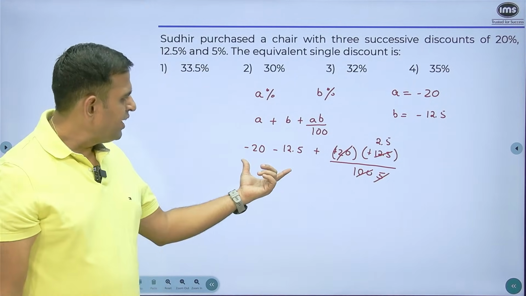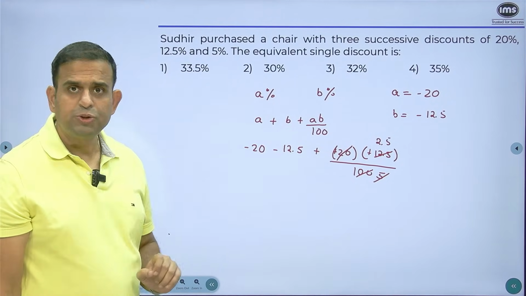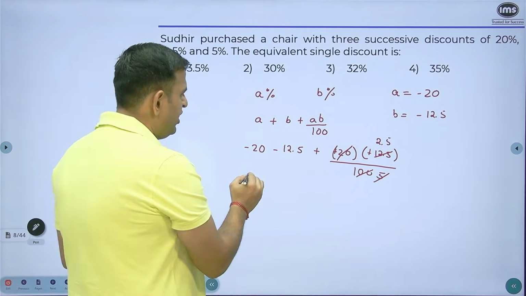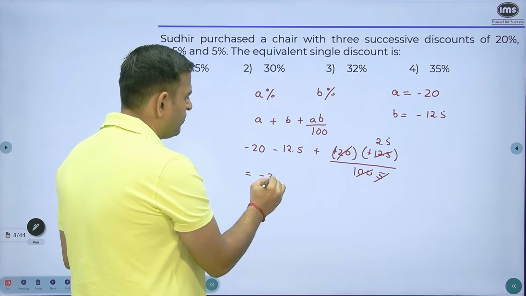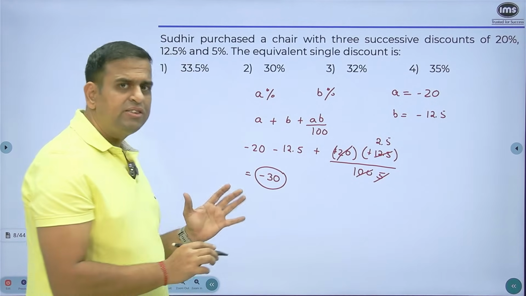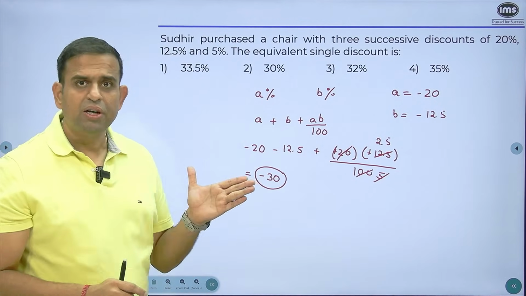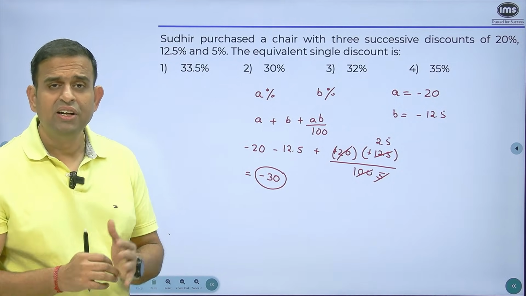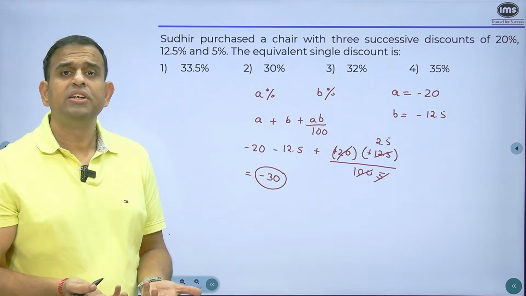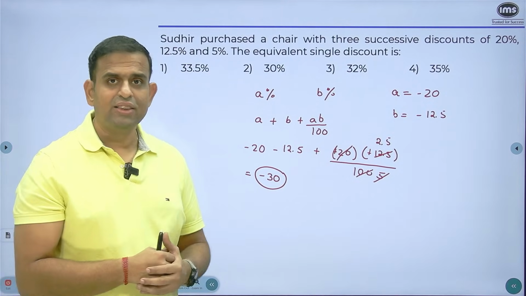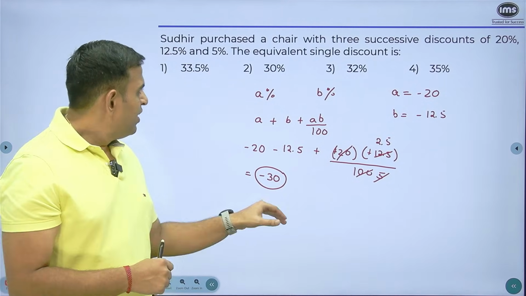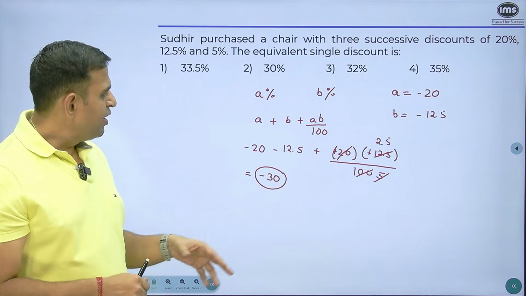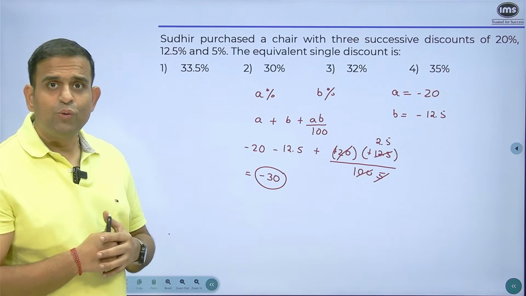So it becomes minus 32.5 plus 2.5, and this will lead to a negative 30. And what does this mean? That if I reduce something by 20% and then further by 12.5%, that is an equivalent single discount of 30%.